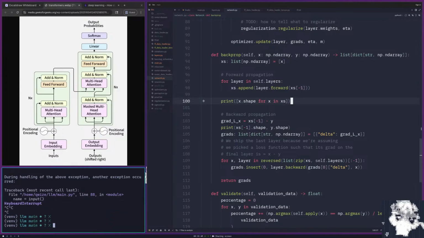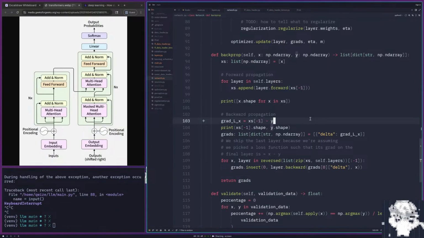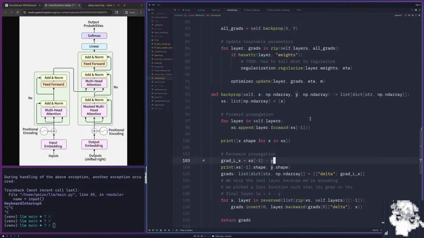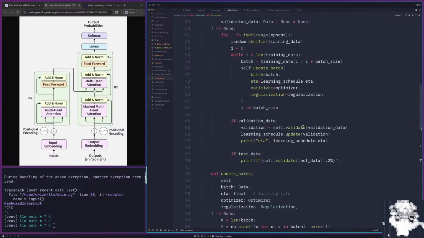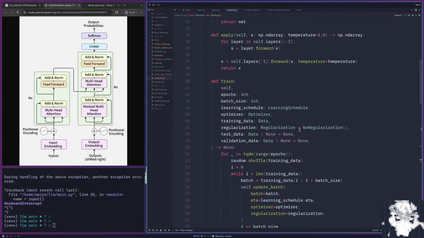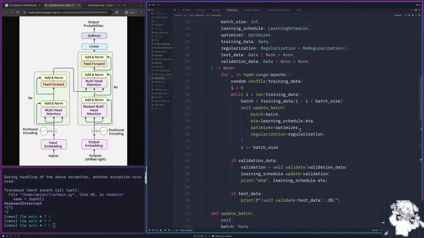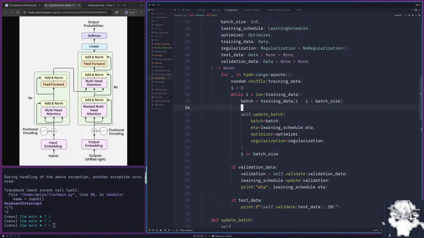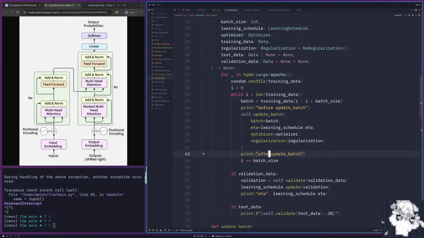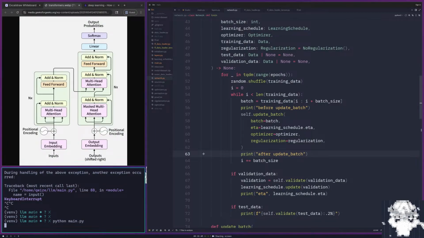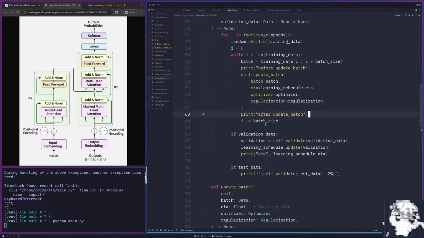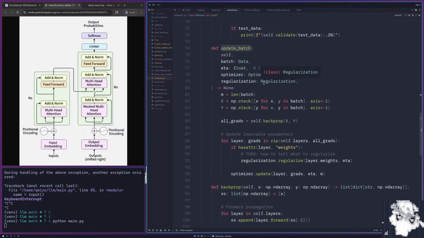And I'm guessing that's what was happening before. I guess I'll just put some print statements and try to find out where we get stuck. Print before update batch. Print after update batch. I'm guessing it's failing in the first update batch.